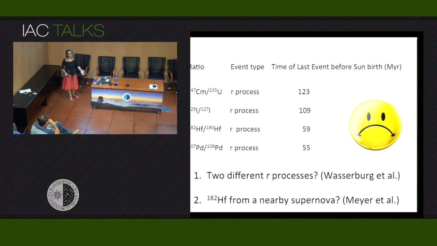The other idea was that, okay, forget about the R process. Hafnium-182 did not come from this R process. The last R process event was about 100 million years ago. Most of the hafnium from that event had disappeared.